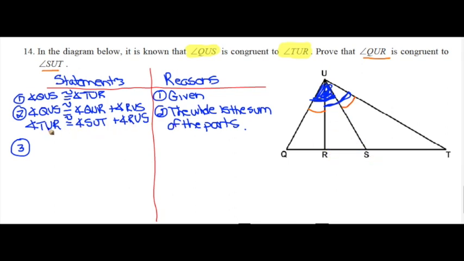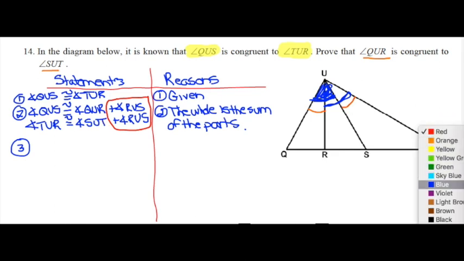In the same step, I do the same for the other large angle, angle TUR, which is equivalent to adding together angle SUT and RUS. If you look carefully at what I've written, you can see that I have two angles here that I've added on to each of those situations.